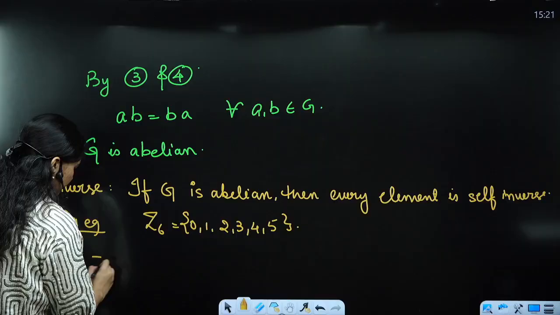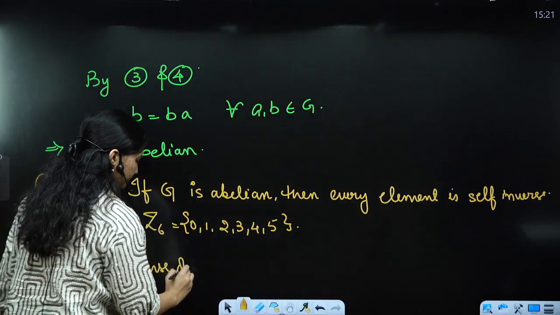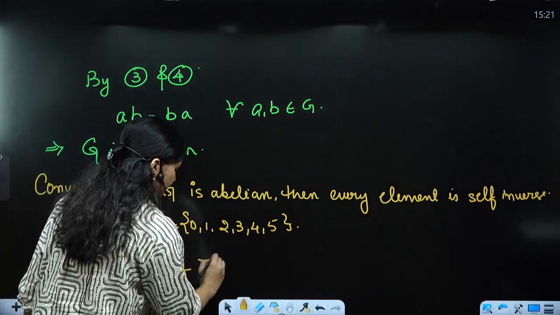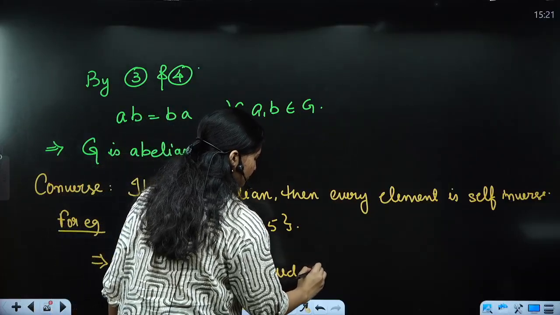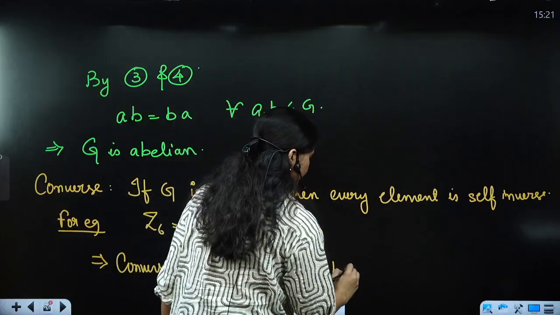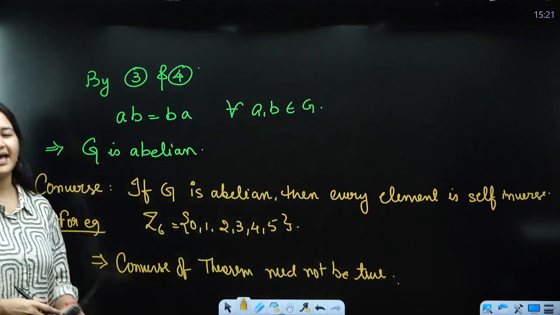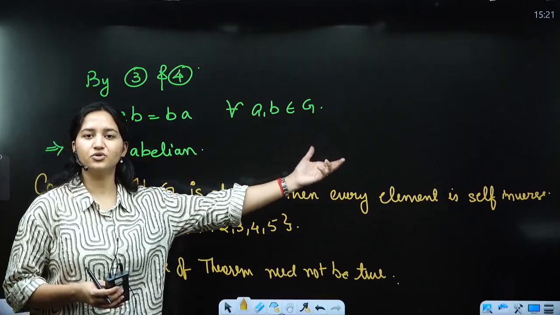So this implies that the converse of the theorem need not be true. अब यहाँ पे again we cannot be conclusive about it. यहाँ पे there can be a set where it is abelian and then every element is going to be self inverse.